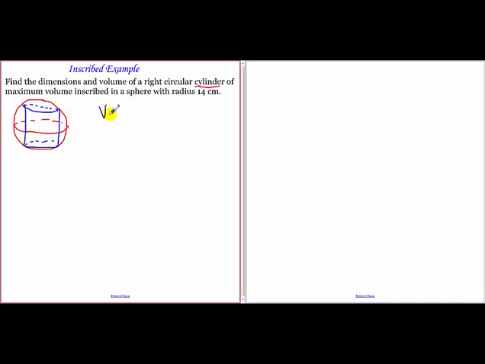So volume of a cylinder is pi r squared h. Okay, so we're maximizing that. So r is the radius of the top, that's what r is, and height is this whole distance.